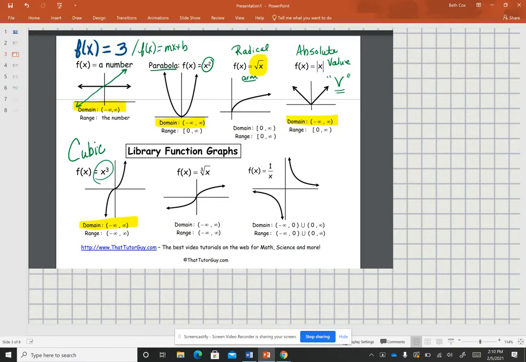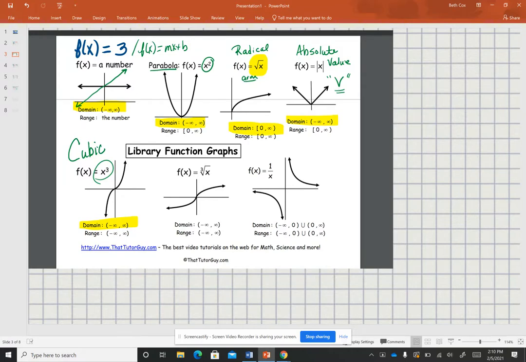And so the rest of them just have regular, normal, default domain of negative infinity to positive infinity. But the radical one, notice it doesn't have arrows on both ends. It only has an arrow on one end. And the domain of that one is different. And we'll talk more about that one when we get to it.